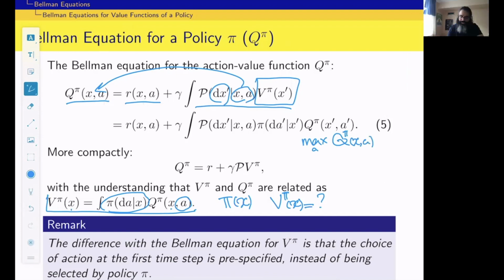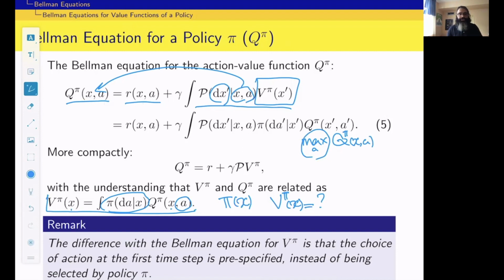The problem with this definition is that it chooses the action that maximizes this function, but this is not necessarily the action that policy pi chooses. Policy pi may choose an action which is not the maximizing action. So maybe policy pi always chooses action 1, say, but the maximizing action here chooses action 5. So that would not be the case.